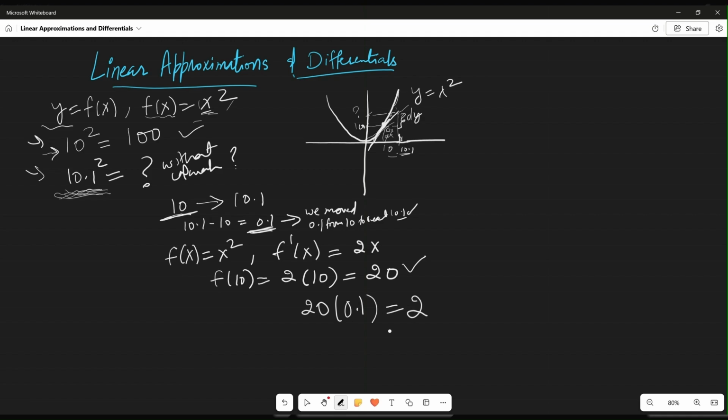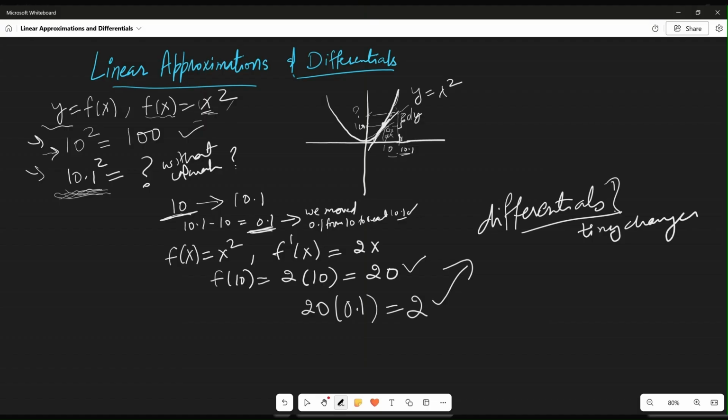Which is equal to 2, and this tells you about differentials. So what are differentials about? Tiny changes. You are moving x a tiny amount, from 10 to 10.1, which is dx or delta x.